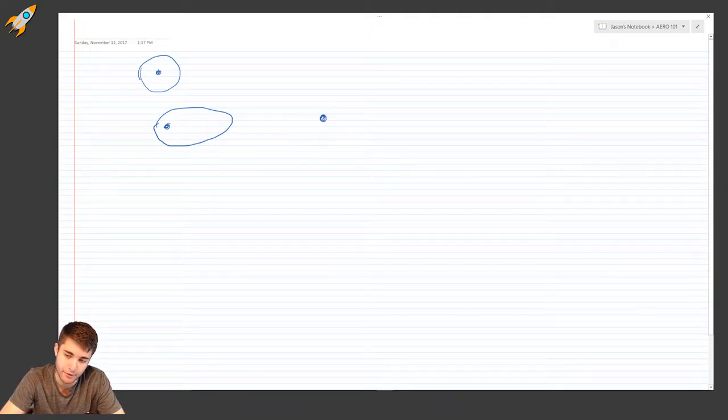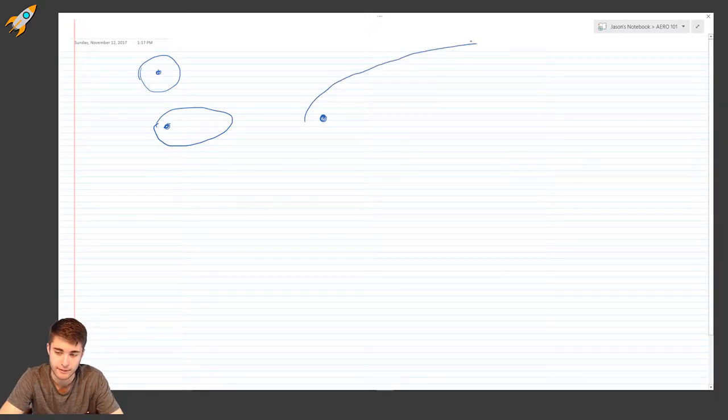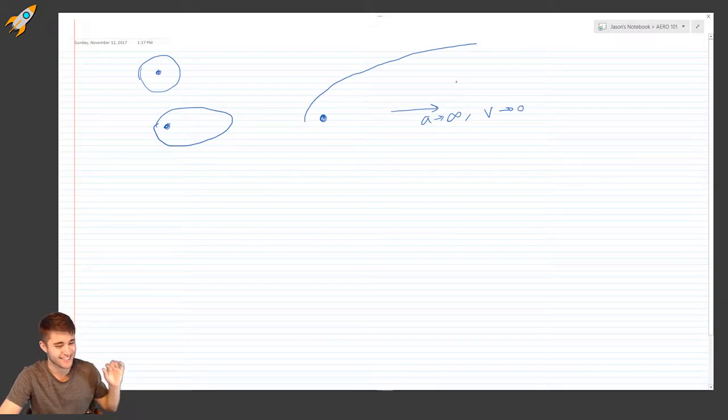The idea behind the parabola is this: the parabola is increasing in a polynomial sense, right? So as A approaches infinity, your velocity approaches 0. So here's the idea. You're going to slow down, slow down, slow down.